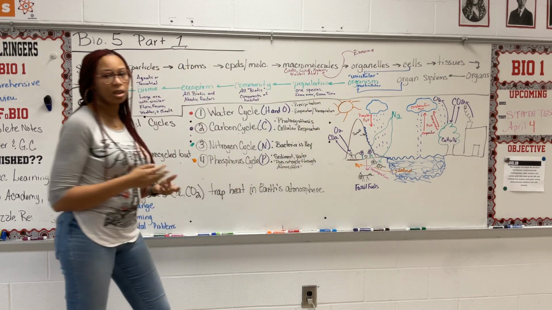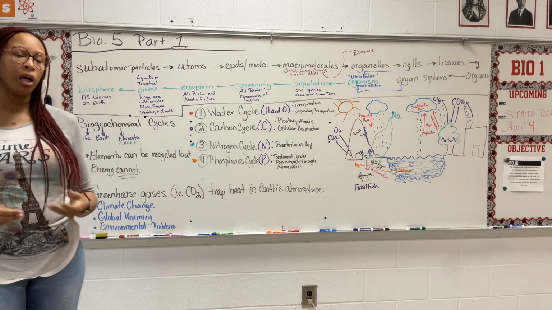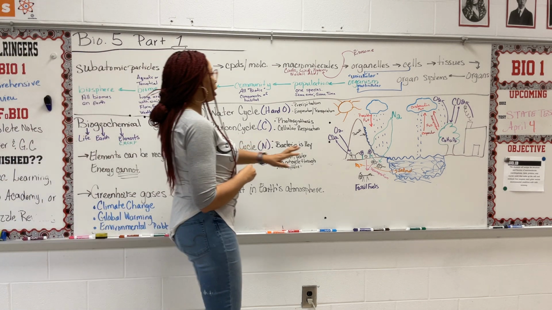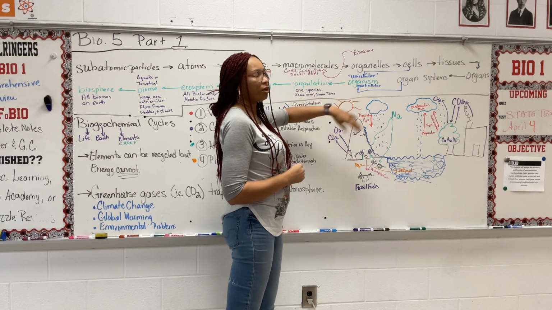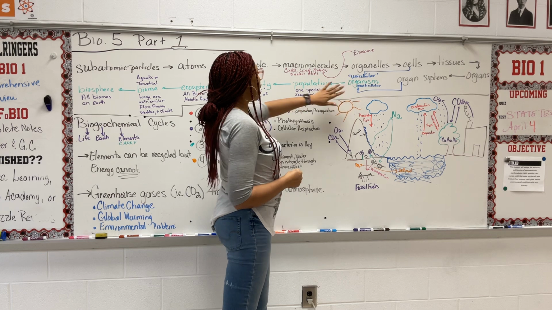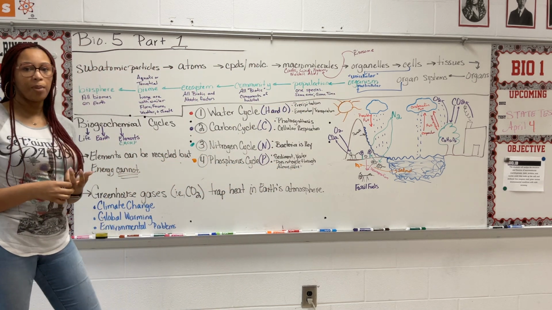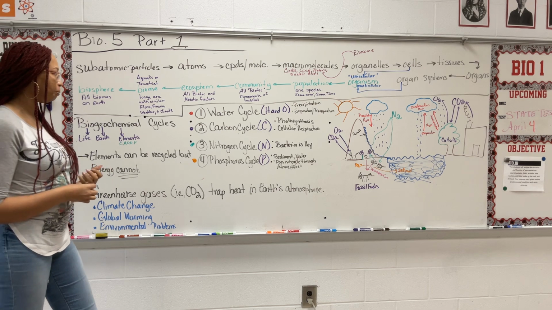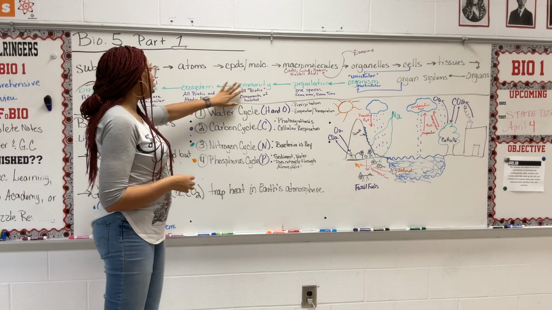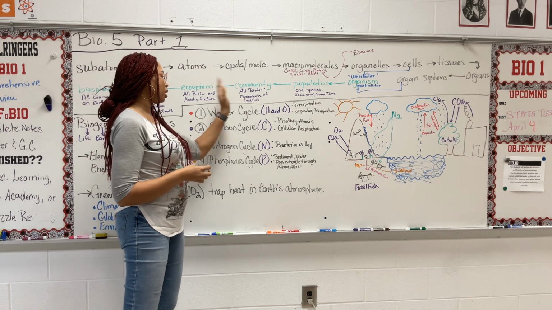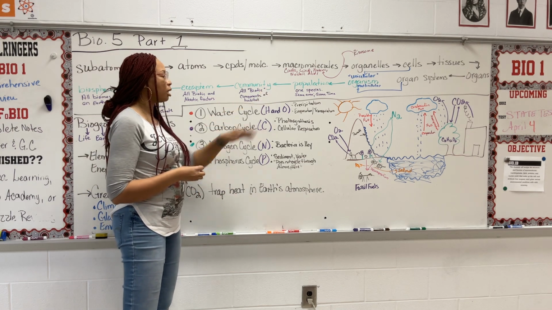Now, at the organism level, this is where we pick up with our ecological levels of organization. So again, an organism is like one individual of a specific species. And if I get a group of that one species living in the same area at the same time, I'm going to call that a population. Now, if I include all the different populations, so all of the biotic factors in that habitat, that is called a community.